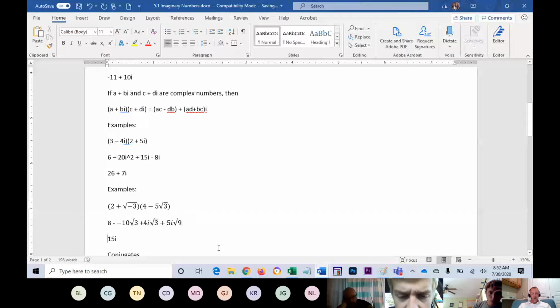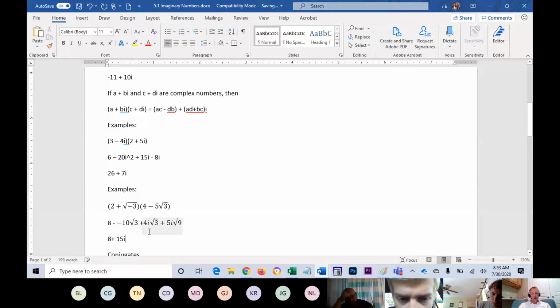Would you have negative 6i square roots of 3? But you can't simplify those, can you actually?